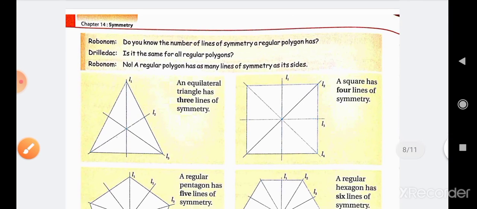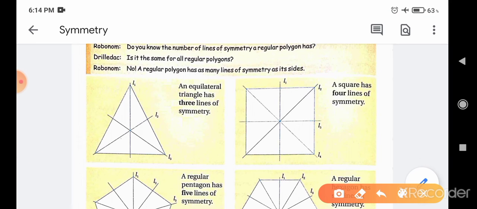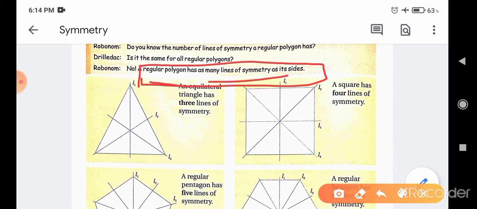And here is one important note that a regular polygon has as many lines of symmetry as its sides. A regular polygon has as many lines of symmetry as its sides. For example, an equilateral triangle has 3 sides, so it will have 3 lines of symmetry.